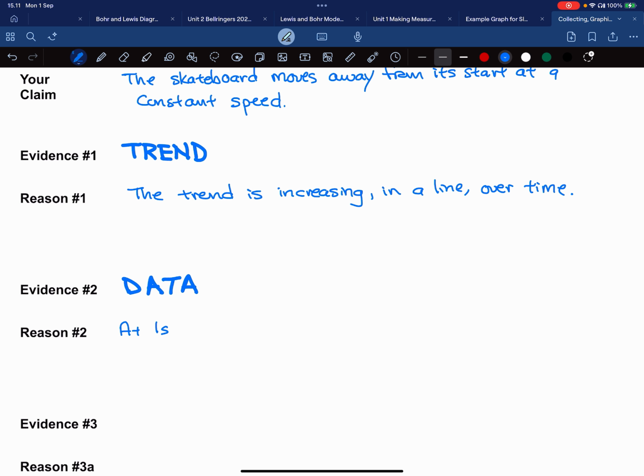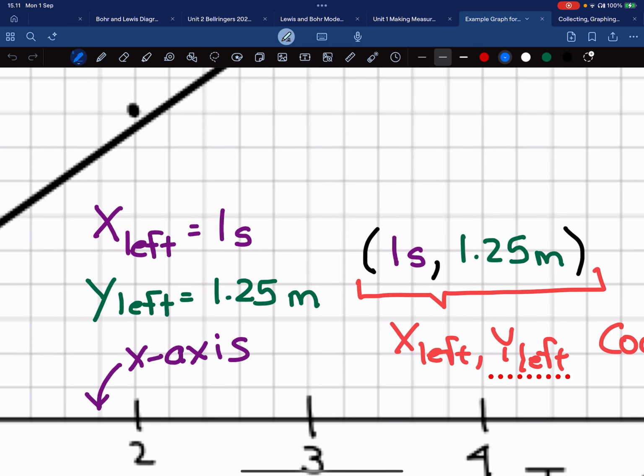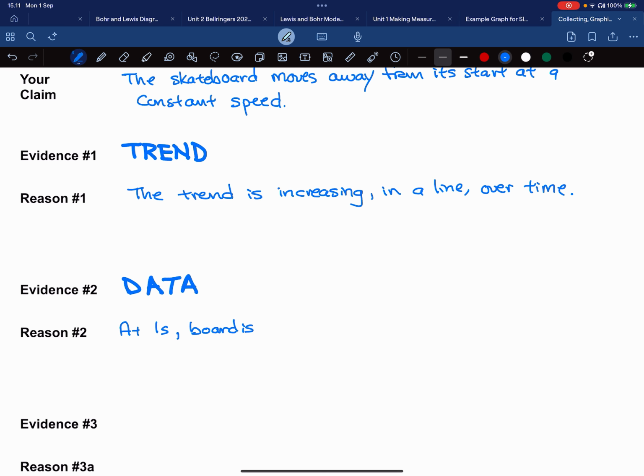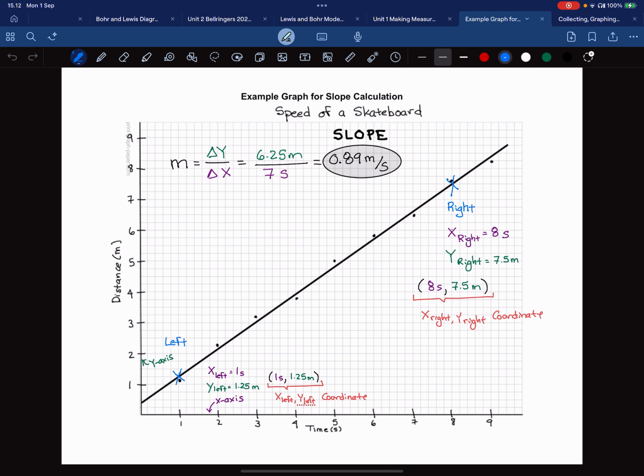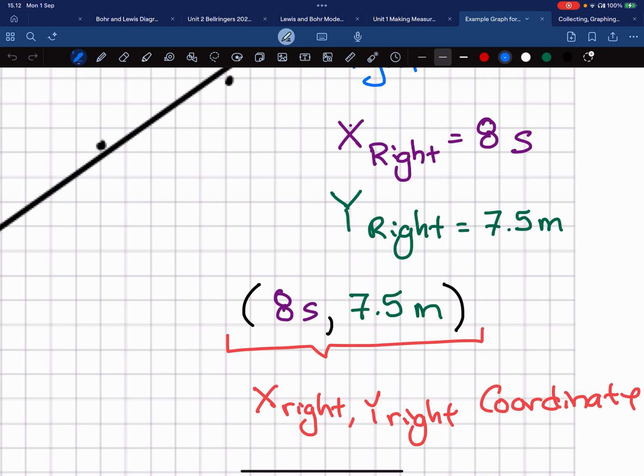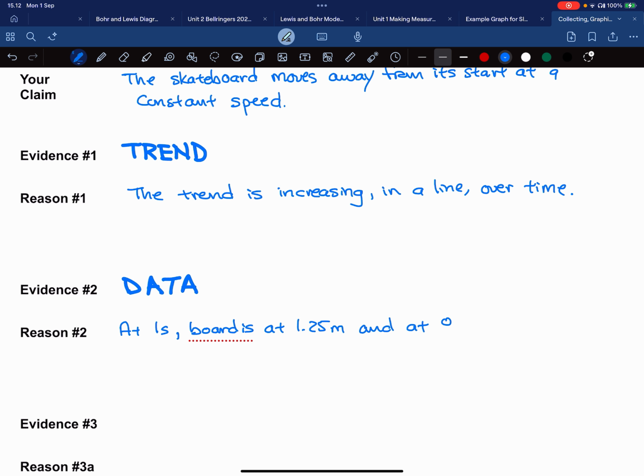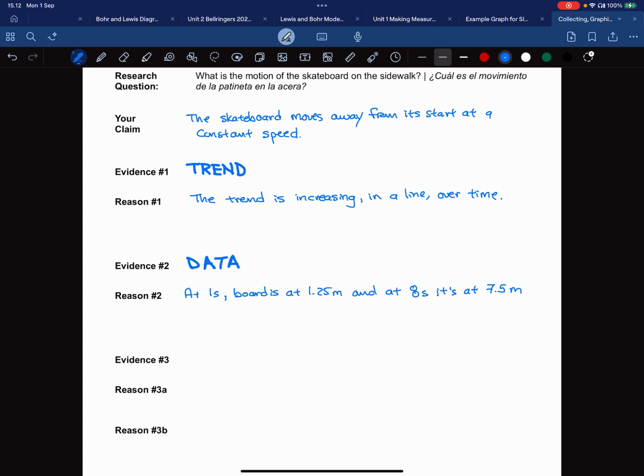At 1 second, the board is 1.25 meters away. And at 8 seconds, it's at 7.5 meters. So first the trend, then the data.